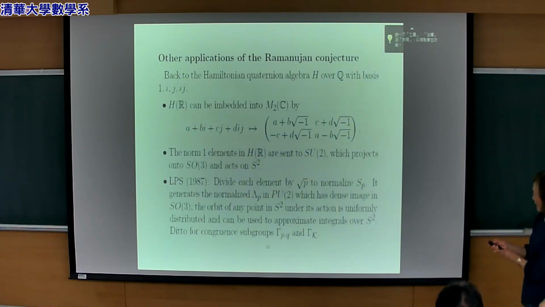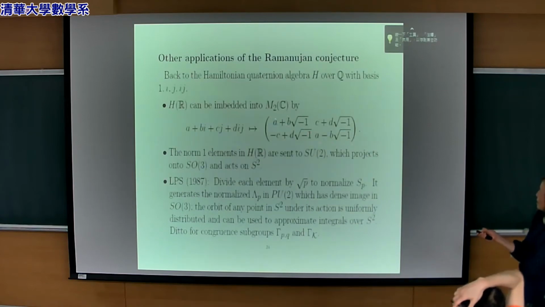I look at the quaternion algebra and all the real points, with A, B, C, D in R. We can send it to the 2x2 matrices with complex entries, with A plus Bi and its conjugate, and C plus Di and the minus of its conjugate on the anti-diagonal, so that the norm on the left-hand side becomes the determinant of the matrix on the right-hand side.